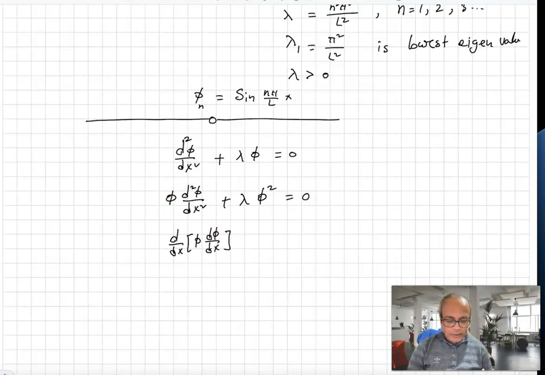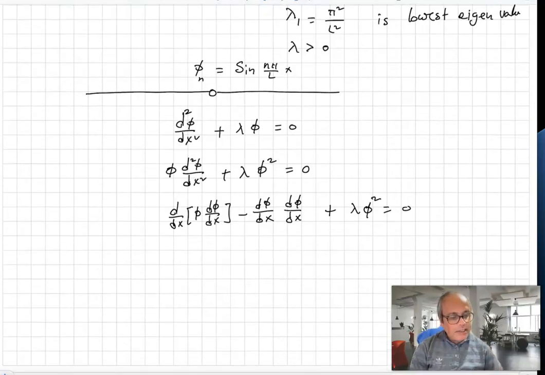If you do the product rule, you get phi d squared phi/dx squared plus d phi/dx times d phi/dx. So we subtract that additional term, d phi/dx times d phi/dx, plus lambda phi squared is 0.